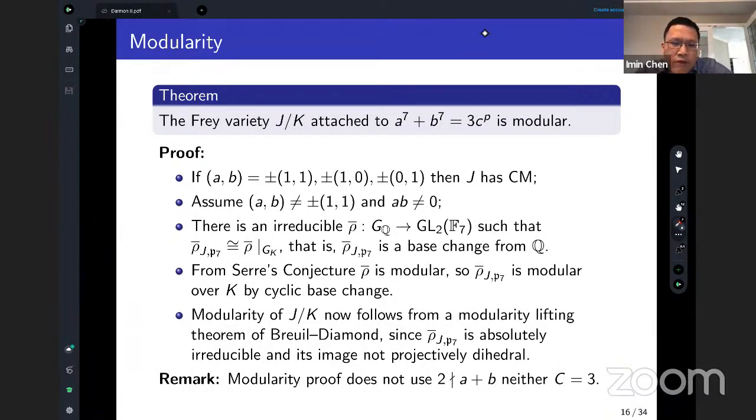The modularity proof is fairly general, just because the technology for modularity results is quite general by now. So it doesn't require C equals 3. We will have a condition that 2 does not divide A plus B later in this talk, and modularity does not require that either.